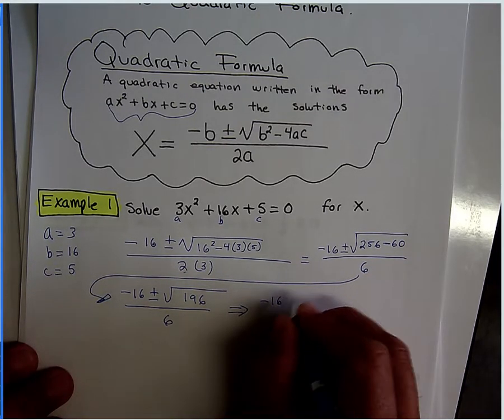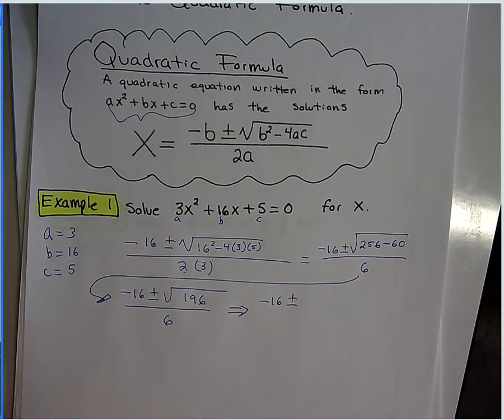So this gave me 196. So negative 16 plus minus, let me get a calculator.